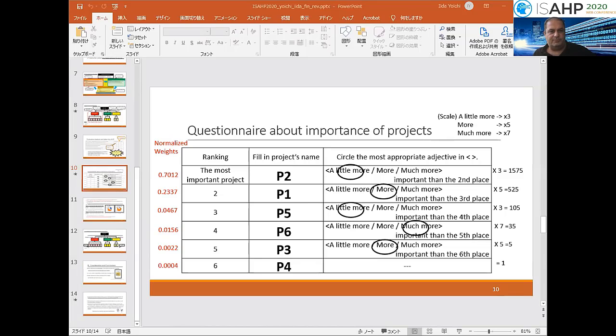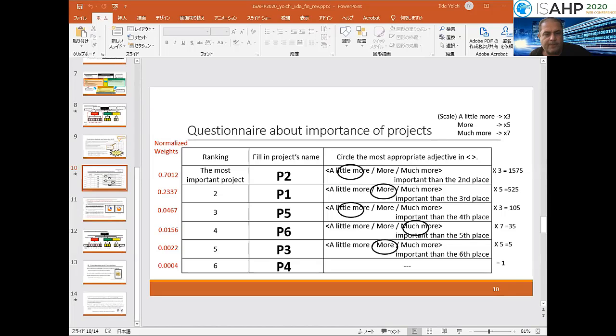Why is a little more X3? What is a little more X3? Could you repeat again, please? Why is a little more X3? I couldn't understand.